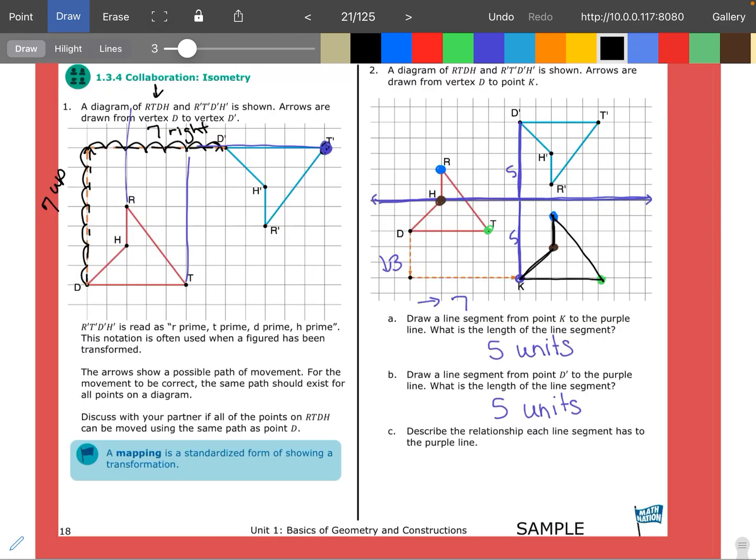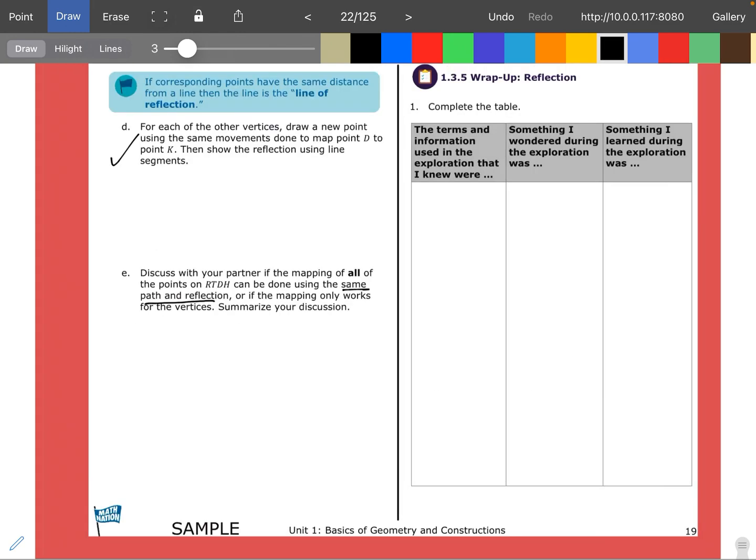Well, let's go back to that picture. The mapping worked for all of the vertices. We get to move everything over, then we can reflect, and that will give us R prime, T prime, D prime, H prime. So yes, all points can be mapped this way.